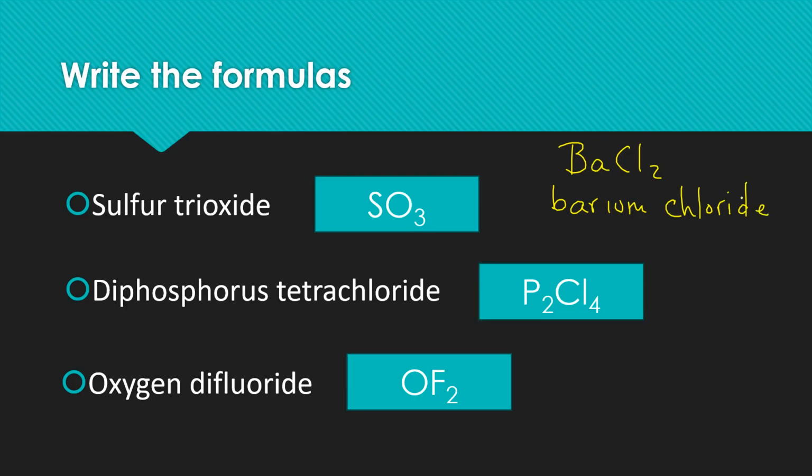And before this lesson, you would have done that. But now we have a tendency of messing this up and calling it barium dichloride. And that's wrong. You don't put the di when you have an ionic compound. So when you have an ionic compound, no prefixes.